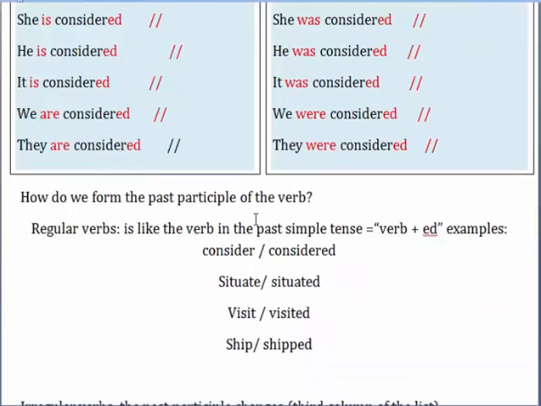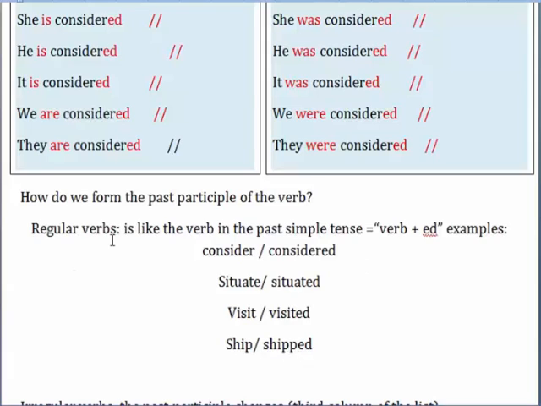How do we form the past participle of the verb? Easy. For regular verbs, it's like the verb in the past simple tense. Regular verb in the past simple tense, I just add ed. Like consider, considered, situate, situated, visit, visited, ship, shipped. Okay? Of course with some spelling changes in some verbs.